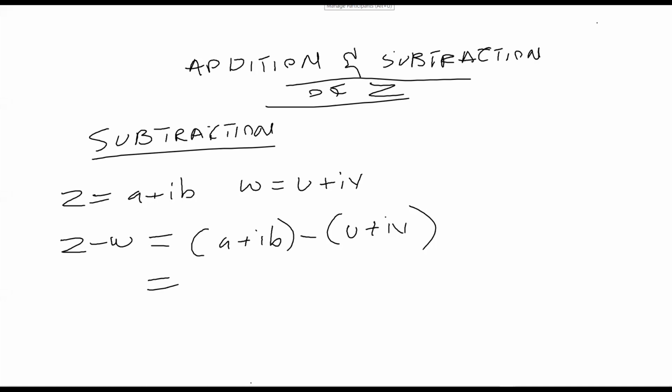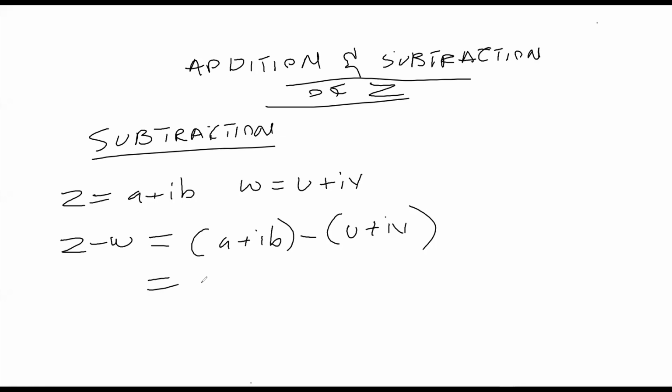That's A plus iB, U plus iV. We have to find the difference of that. To make things easier, when we're simplifying this, we get the real parts and add them together. Or maybe before we do anything, we distribute the negative with everything inside here.